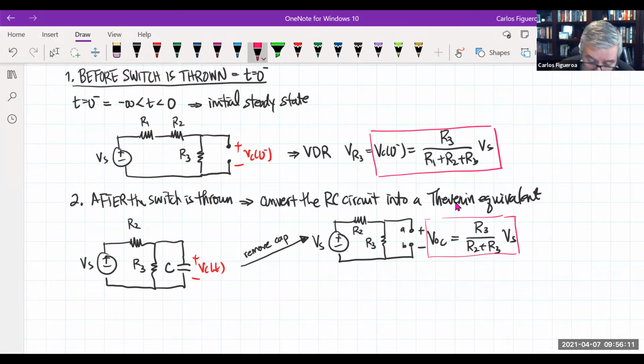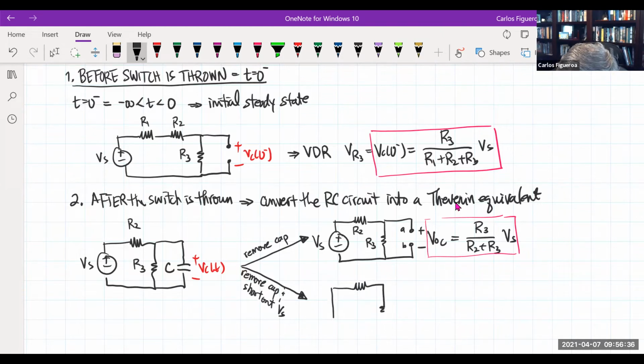And then the other one is that I go along this direction here. And what am I doing here? You remove the cap and short out VS. So in other words, I now have a circuit that looks like this. And this is R2, R3, and then I look at the opening.